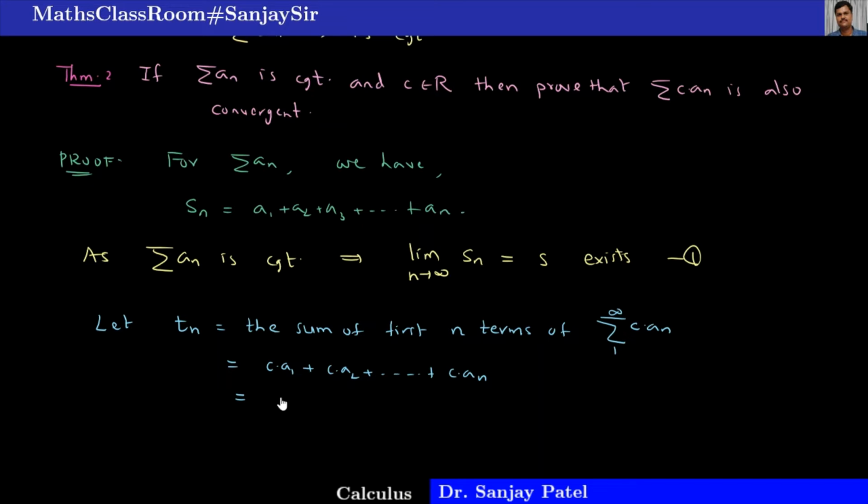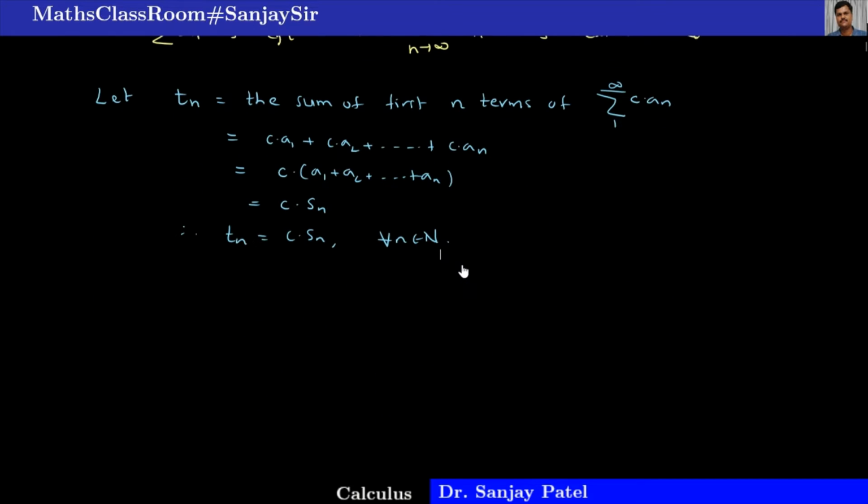This we can write as C times (a1 plus a2 up to an). But this sum is nothing but Sn. So we can write C into Sn. So what I have proved is Tn is equal to C into Sn for every n belonging to N. Now taking limit on both the sides, what we get is this.